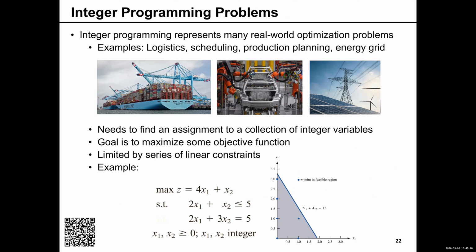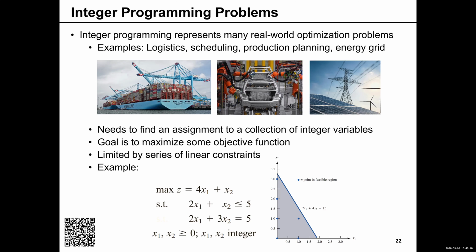Integer programming has many real-world optimization problems that are integer programming in nature. These relate to logistics, scheduling, manufacturing. These are problems where you have naturally integer variables, for instance, the number of containers in a ship, or the number of cars produced on a certain assembly line, or things of that sort.